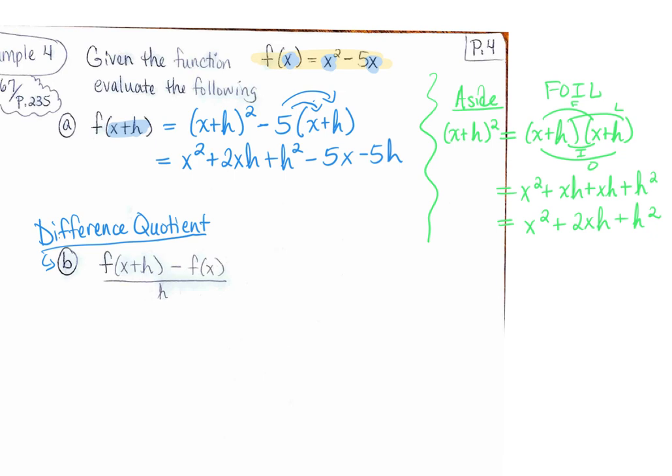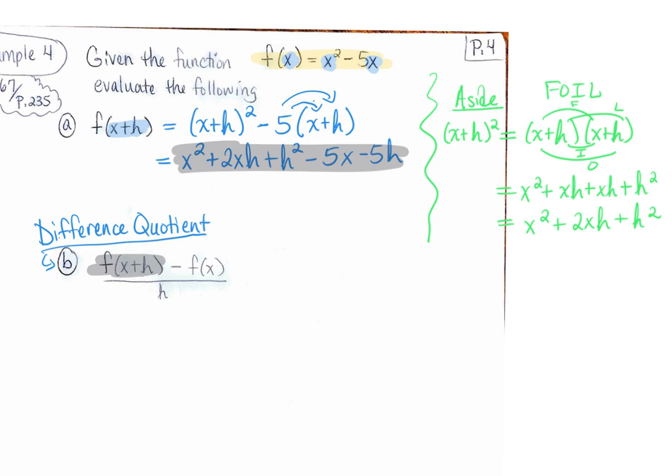And so B, using part A and using what we know our function is, I want us to find f of x plus h minus f of x over h. F of x plus h, we know, is this. This is f of x plus h.